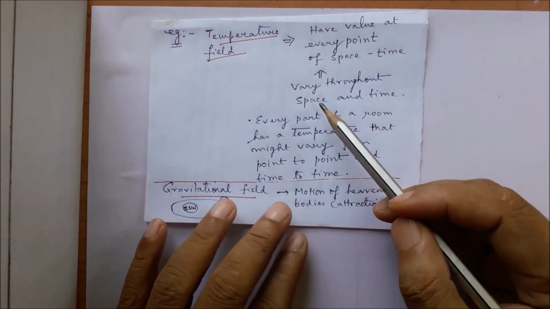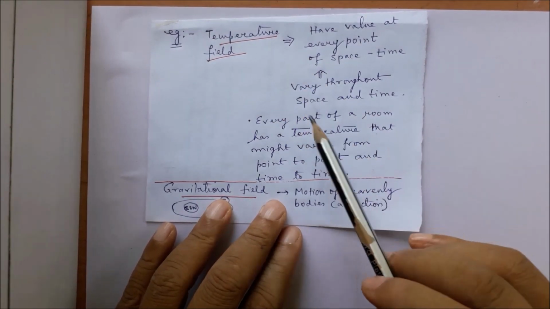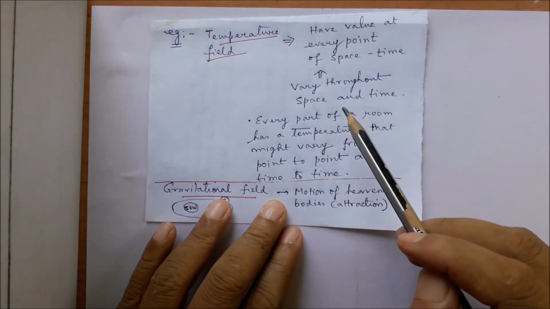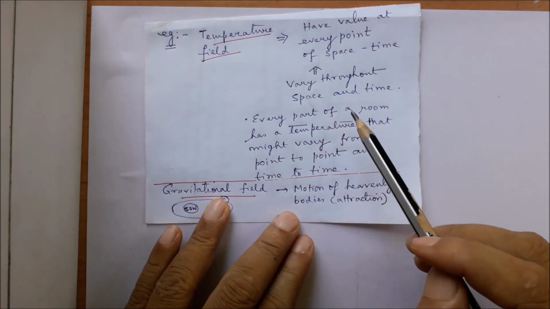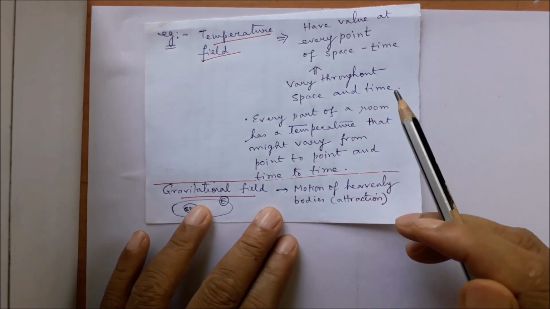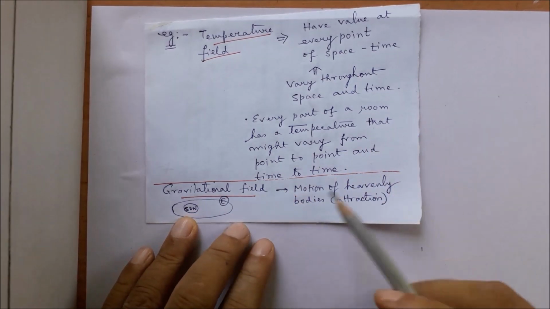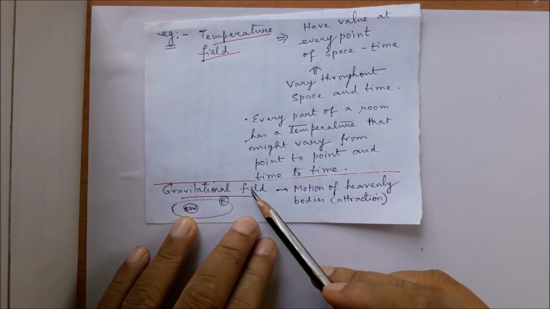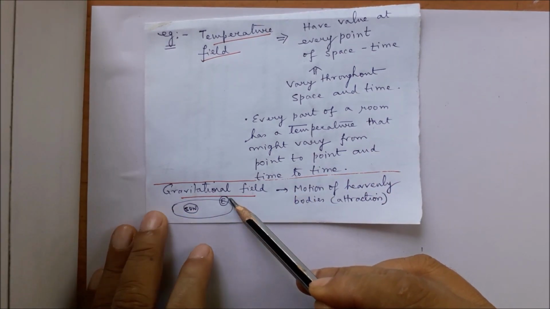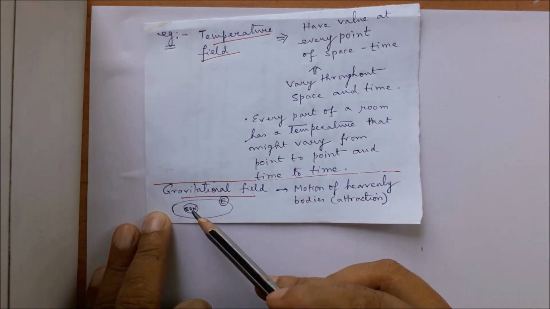For instance, if a heater is on at a place, we have different values of temperature at different points, at different times throughout the region. Take the case of the gravitational field. Earth moves around the sun being in its gravitational field.